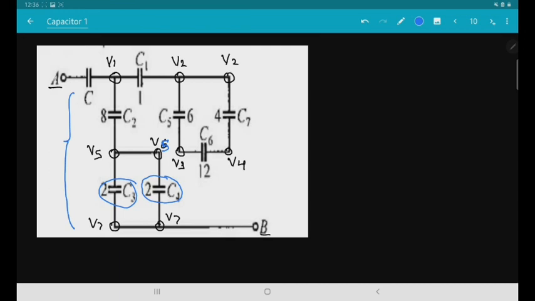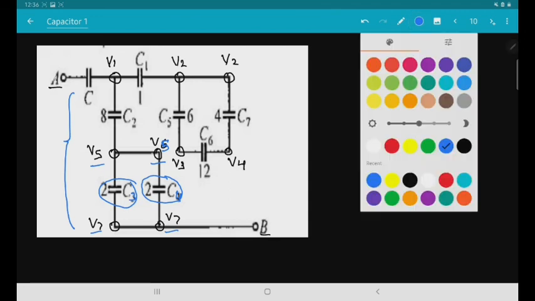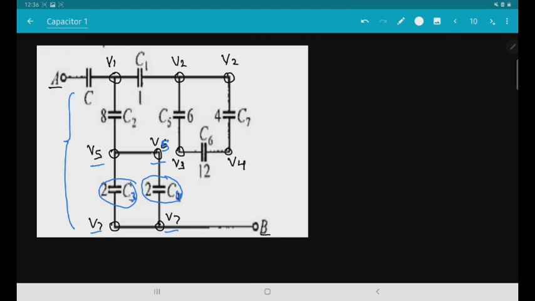So this is C4 and this is C3. C4 and C3, as you can see, have the same starting points and the same ending points, so they are in parallel. We can just replace them by a single capacitance. So let me draw it here.